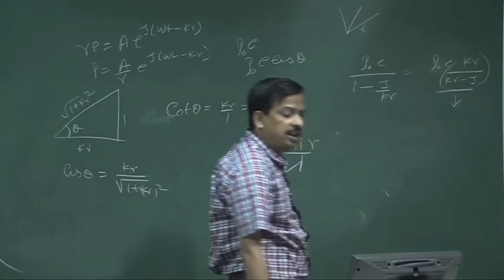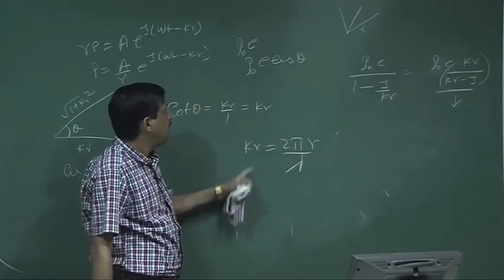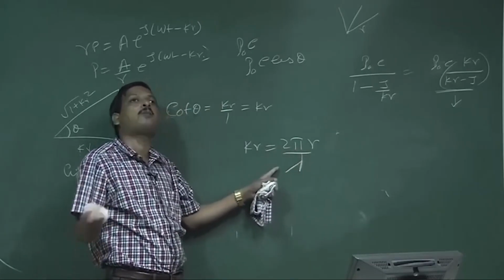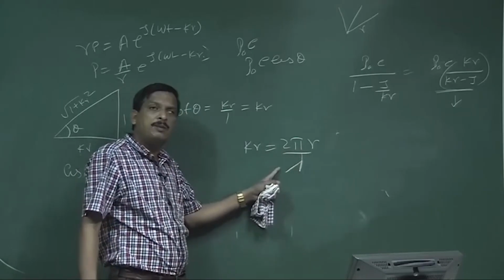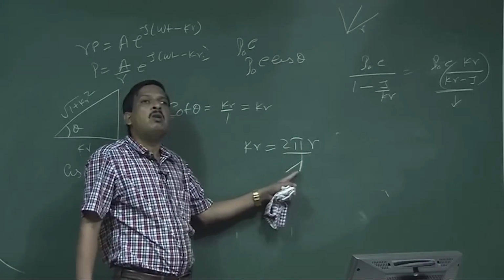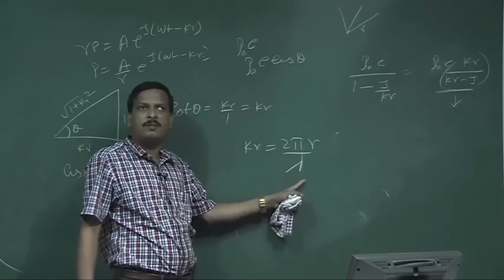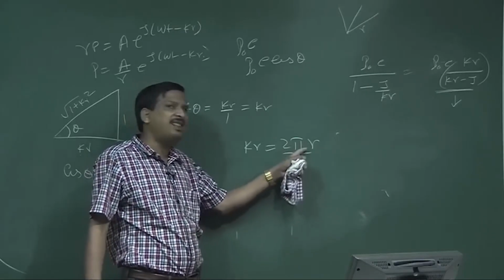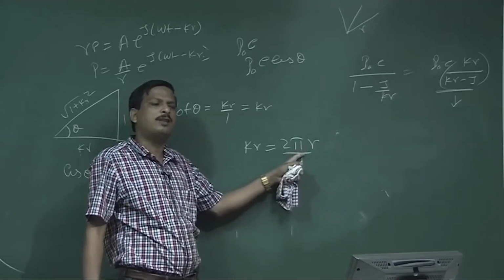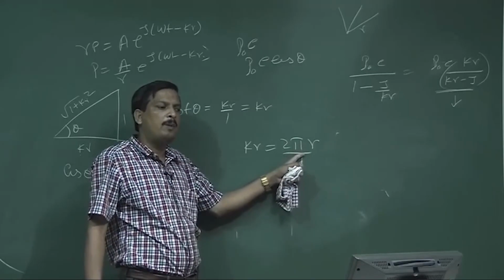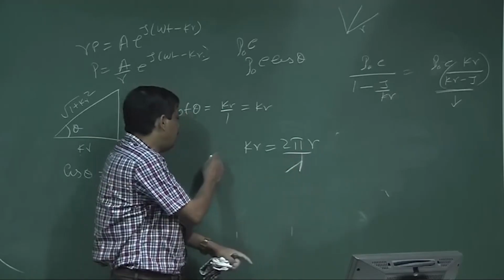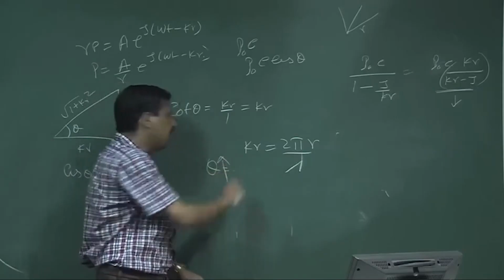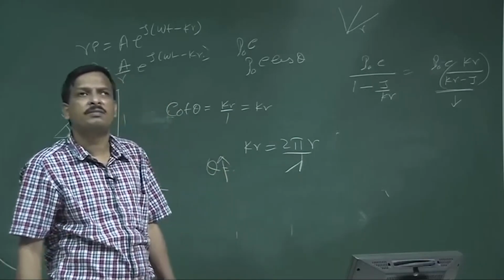That means the distance travelled by the acoustic wave from the source is very small compared to the wavelength. Then the value of theta will be large. Theta will be very large.